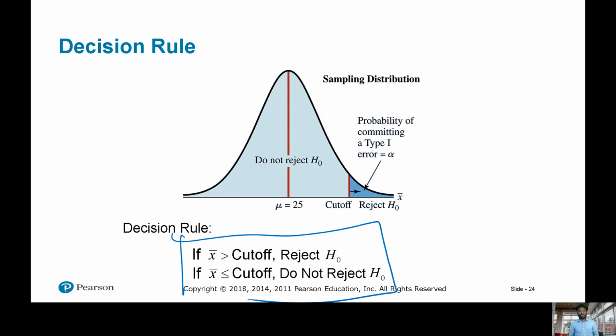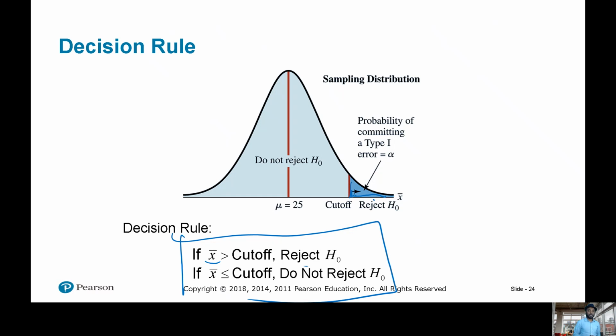The decision rule is that if we compute a test statistic and it is to the right of the critical value, then we would reject H0. Otherwise, we fail to reject H0. Or we can also look at it in terms of the sample mean. If it's greater than the cutoff, then we reject.